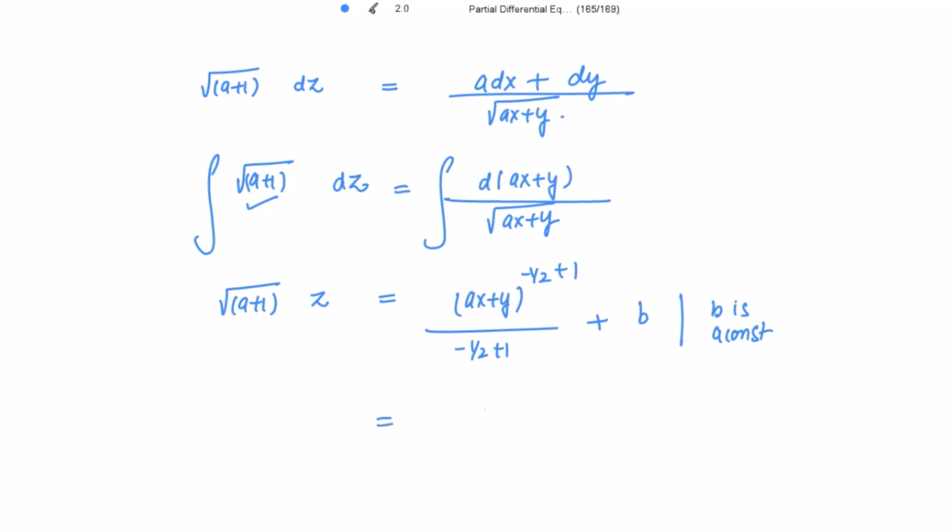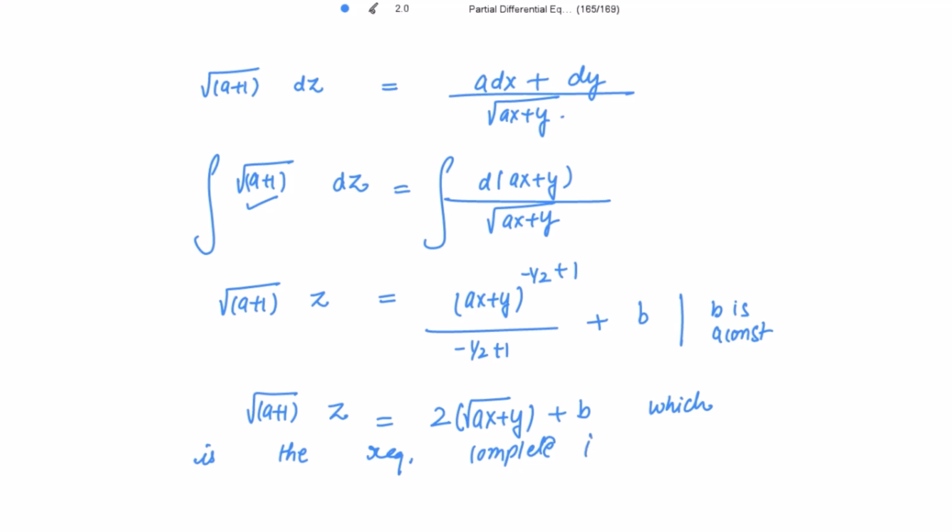Further, this can be written as ax plus y to the 1/2 divided by 1/2, or twice the square root of ax plus y, plus b, and here square root of a plus 1 times z. So this is the required solution, the required complete integral of the given equation.